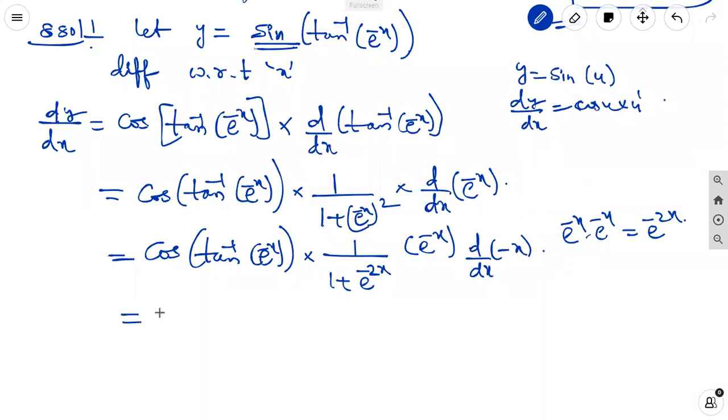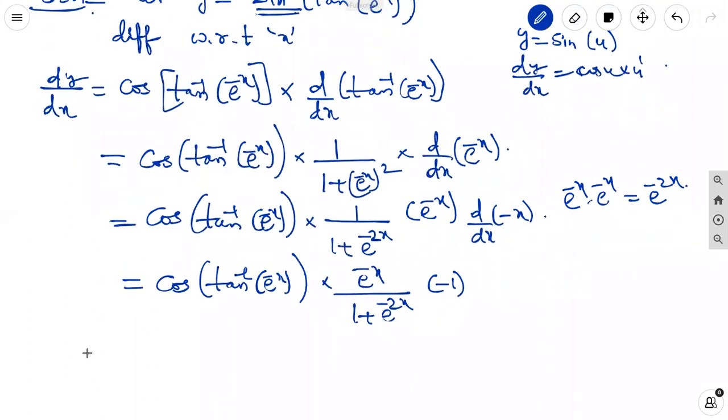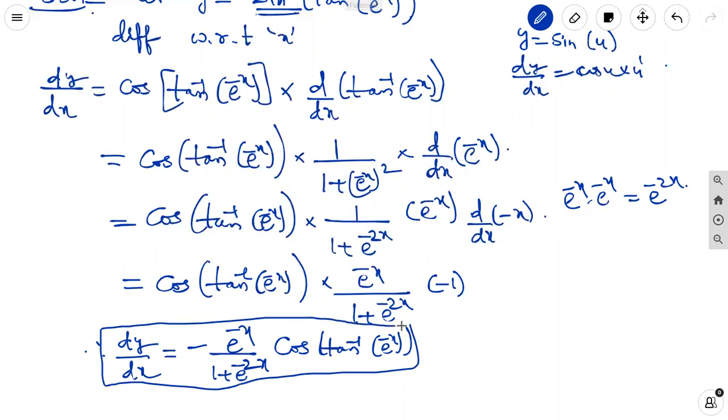It is equal to cos of tan inverse of e power minus x into e power minus x by 1 plus e power minus 2x. D by dx of minus x is minus 1. Therefore, dy by dx equal to minus e power minus x by 1 plus e power minus 2x into cos of tan inverse of e power minus x. This is the solution.